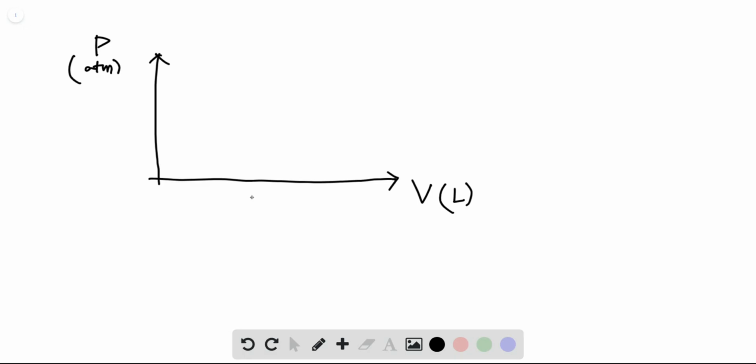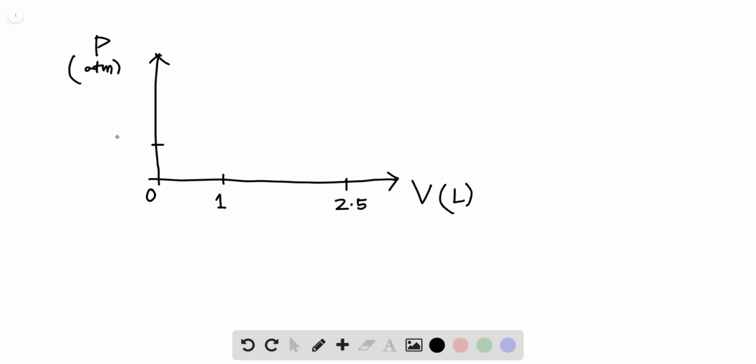The range of the x-axis is 1 liter to 2.5 liters, and the range on the y-axis, which is pressure, is 0.4 to 1.0. Now there is a segment which is when we have compression at constant pressure.